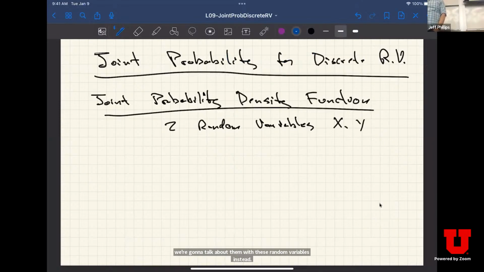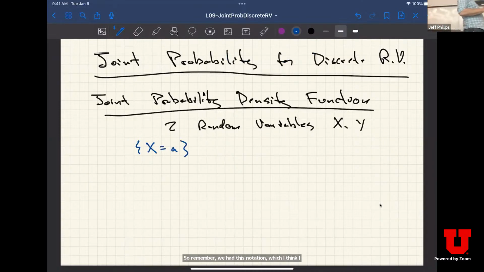The key way to map this back is to remember we had this notation, which I think I introduced, which is when we have discrete random variables, we can think about this again through the sample space and the events in the sample space. So I could say this is the event that x equals a, right? So then my random variable is a discrete random variable.